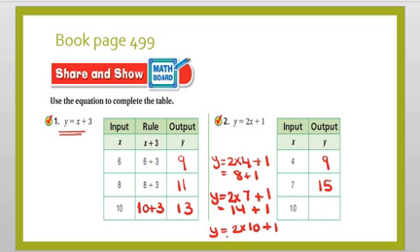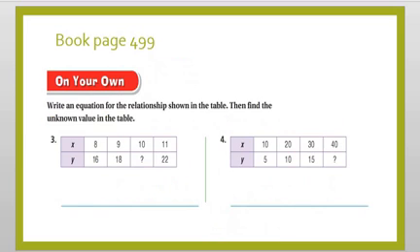What's 2 times 10? 20 plus 1. So the value of y equals what? 21. Okay, I believe this is very easy. You're only plugging in or substituting for x and finding the value of y.